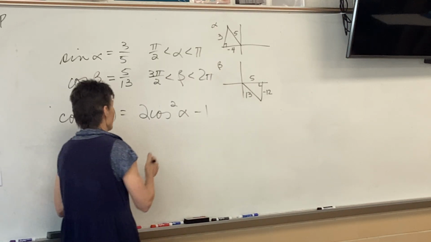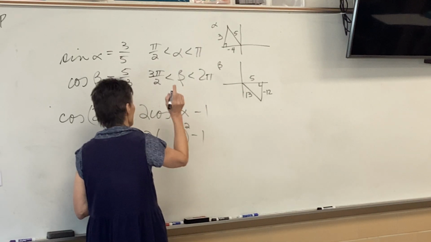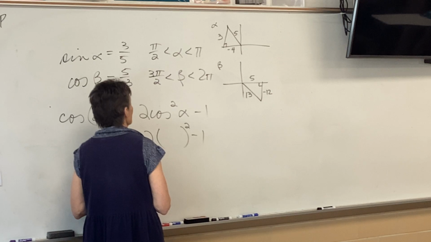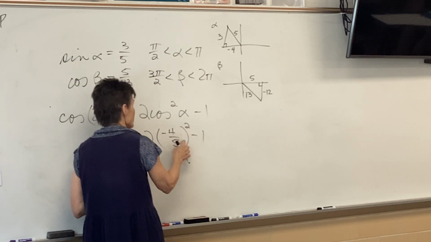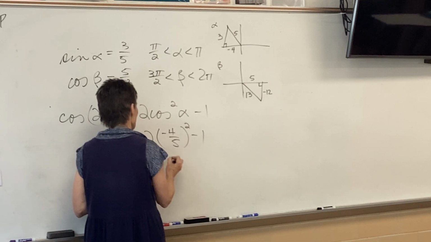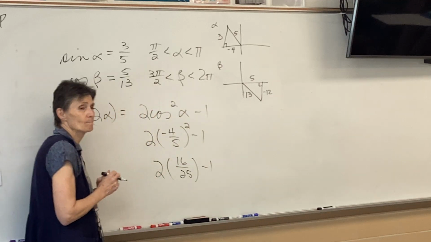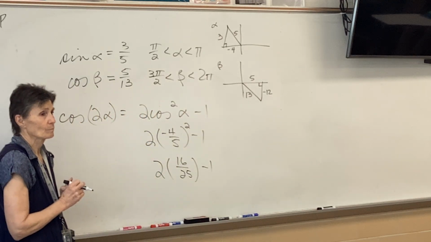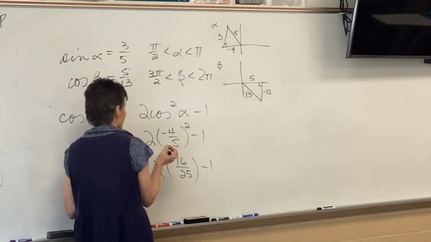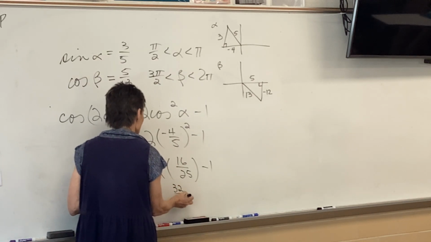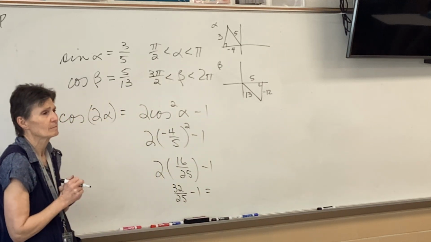Okay? So, what's the cosine of alpha? Look at your picture. What is the cosine of alpha? Negative 4. -4/5. But you have to square that. So it's going to be 16/25. Right? And that's 32/25 minus 1.